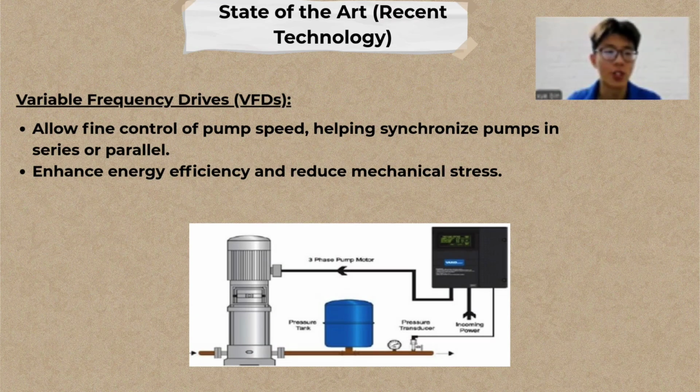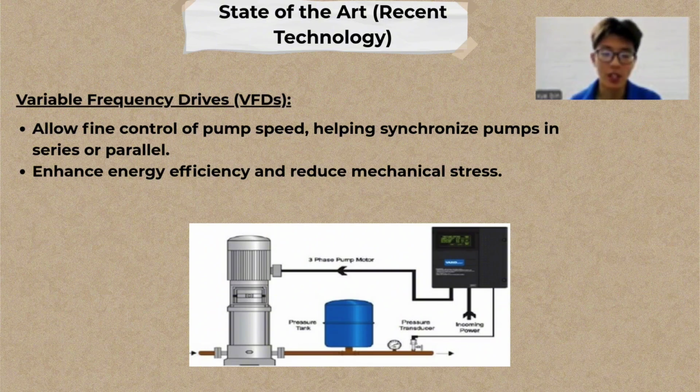So for the last slide, I will present the VFD, which is the variable frequency drive. You can see here the big black box is called the VFD. It is used for running an AC motor at variable speed so that it can give a smooth startup.